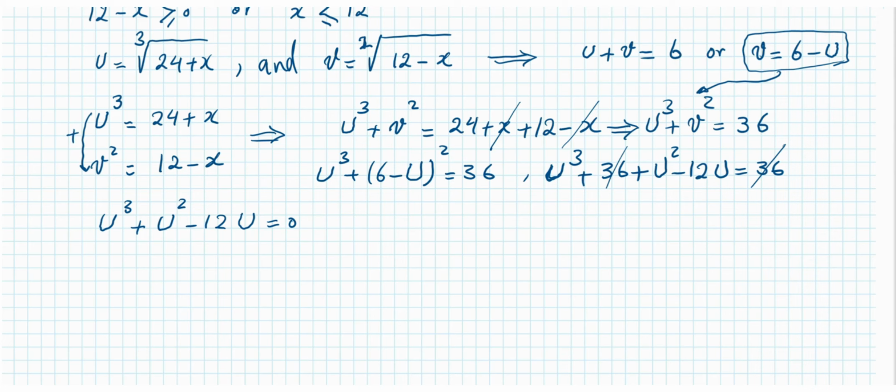This is a special case of a cubic polynomial. To find the roots, we factor u, and we have u squared plus u minus 12 equal to 0.